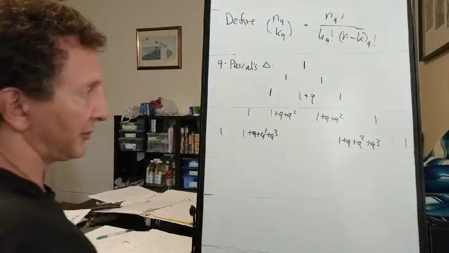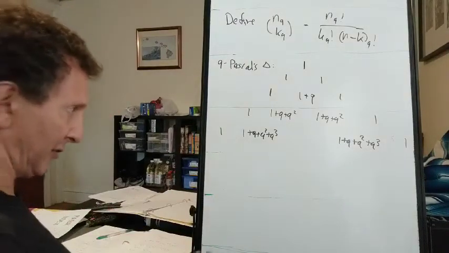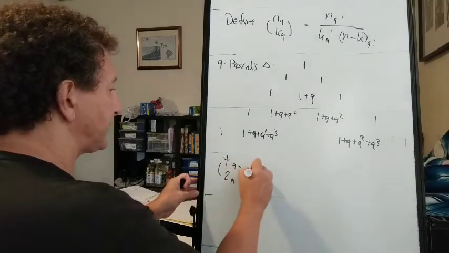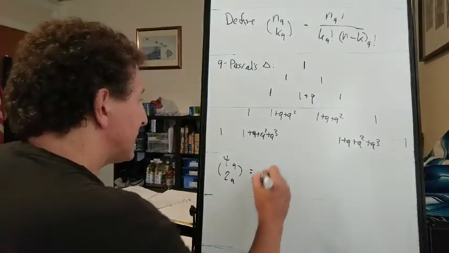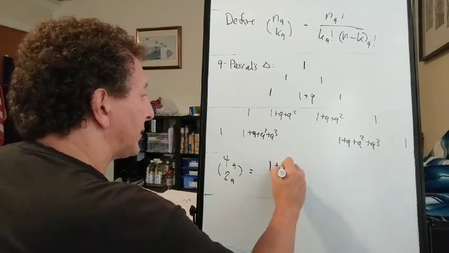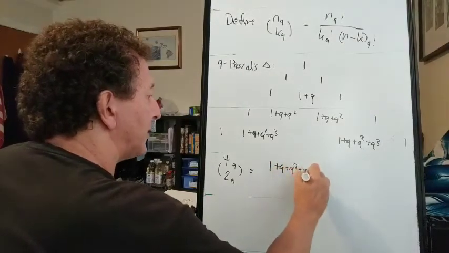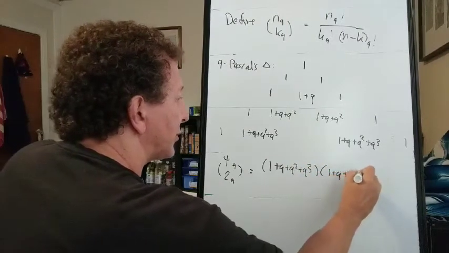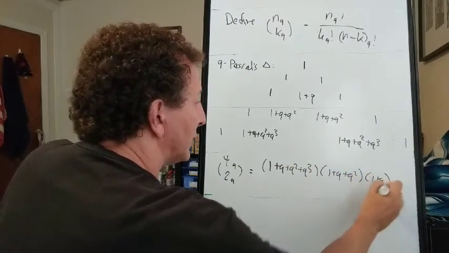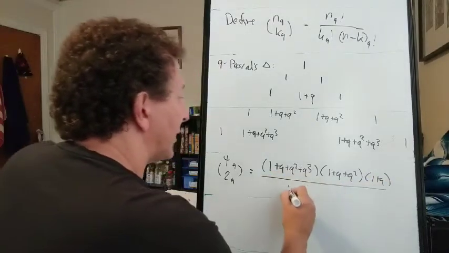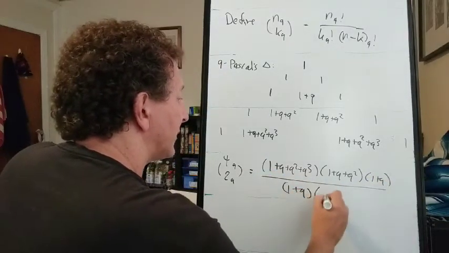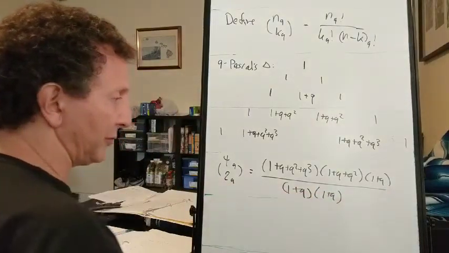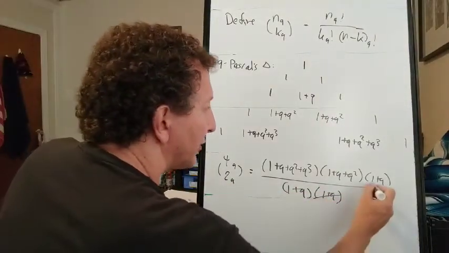And now we come to the first really interesting entry, which is quantum 4 choose quantum 2. So we've got quantum 4 factorial over quantum 2 factorial times quantum 2 factorial, that is, 1 plus q times 1 plus q. Those cancel.